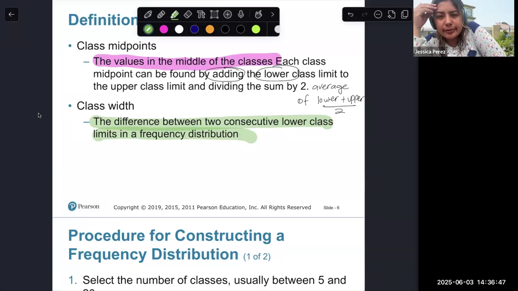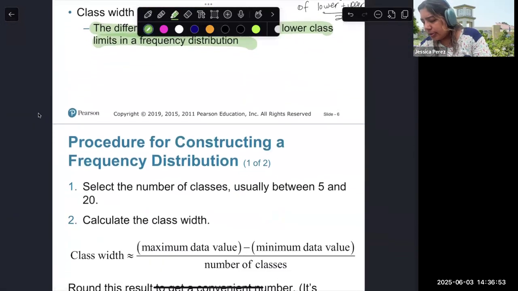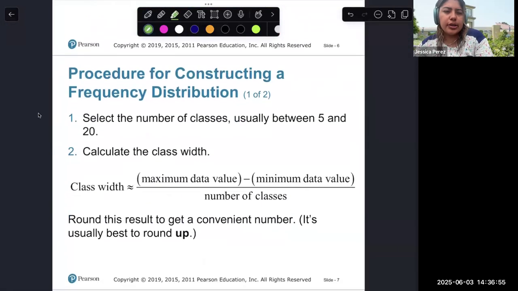The class width is the difference between two consecutive lower limits. Next we're going to look at a procedure on how to construct a frequency distribution. That's what we're going to be doing in the following example.